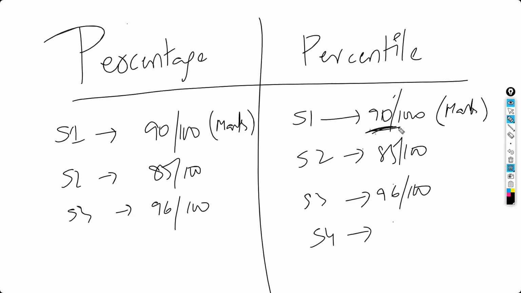For example, if the fourth student has got 100 out of 100, his percentile will increase. If the fourth student has got 40 out of 100, his percentile will drop. His percentile is dependent on the others' marks. Is the point clear? Percentile means how much percent of the data is below you.